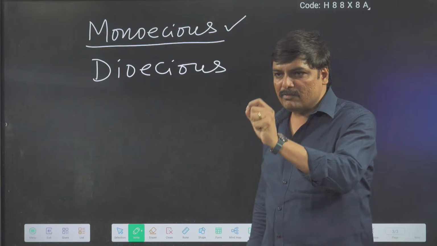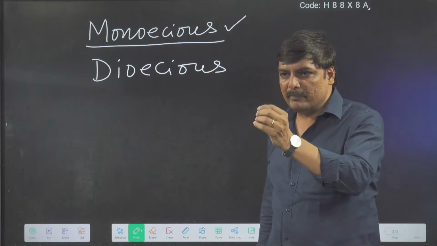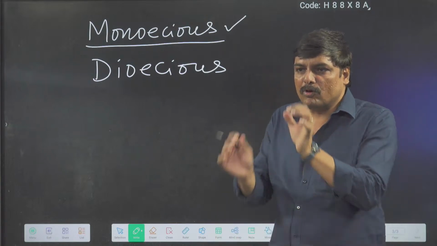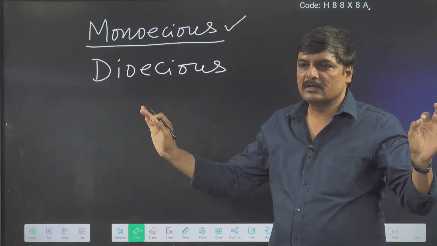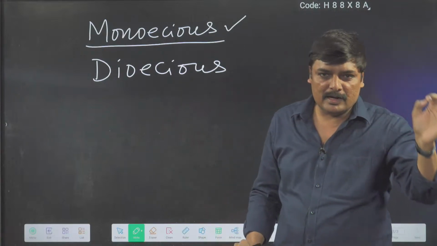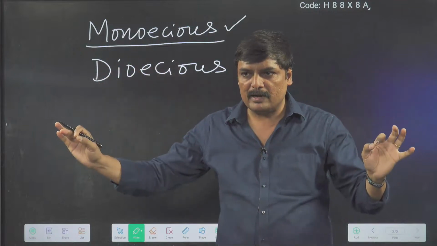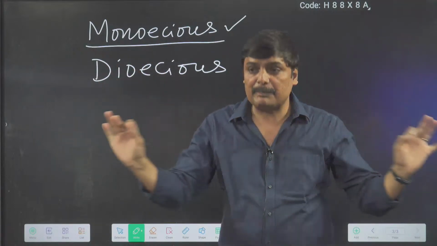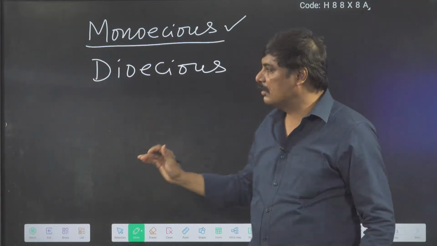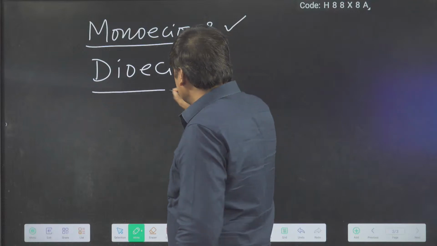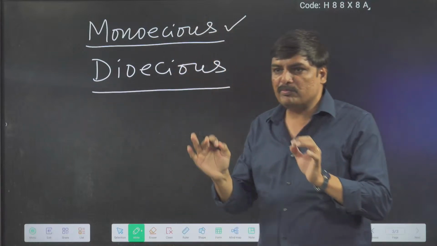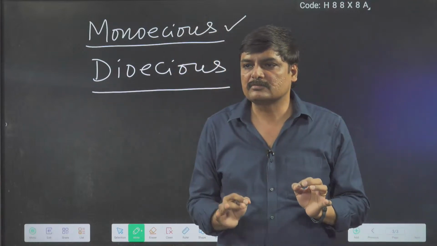When male flowers and female flowers are born on different plants, male flowers on male plant, female flowers on female plant, sexes are separated. That is called dioecious. These are very, very important terms.